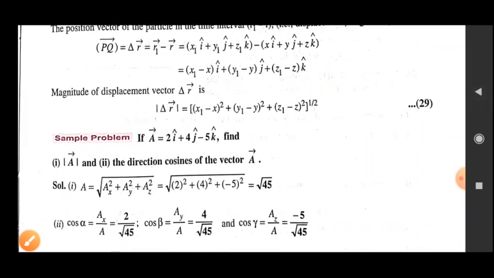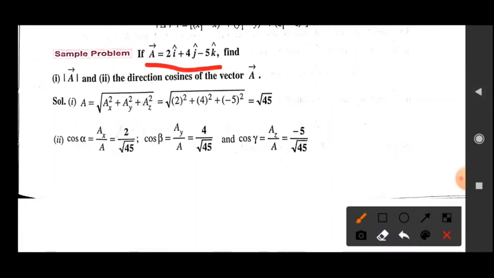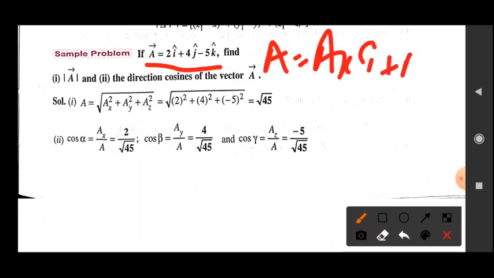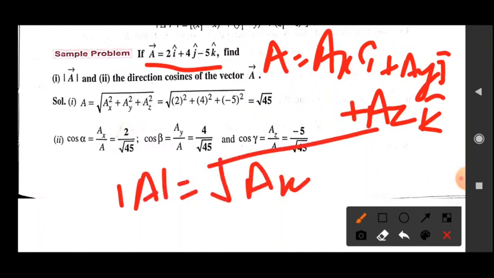Let's see a sample problem based on this. A vector a is given, and we first have to find the magnitude of a. If a equals ax i plus ay j plus az k along the three axes, then the modulus of a, that is the magnitude of a, is given by the root of ax square plus ay square plus az square.